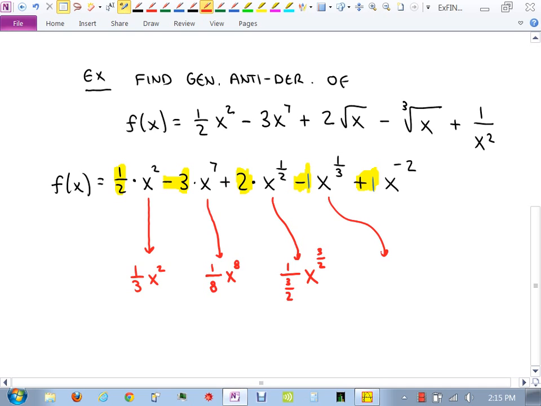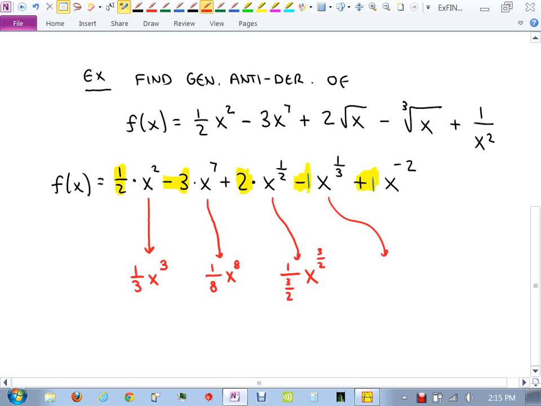What's this one? What's 1/3 plus 1? 4/3? 1/3 plus 1 is 4/3? Yes. It is.